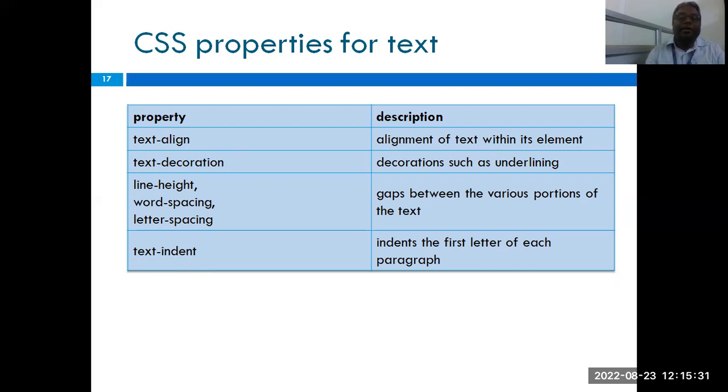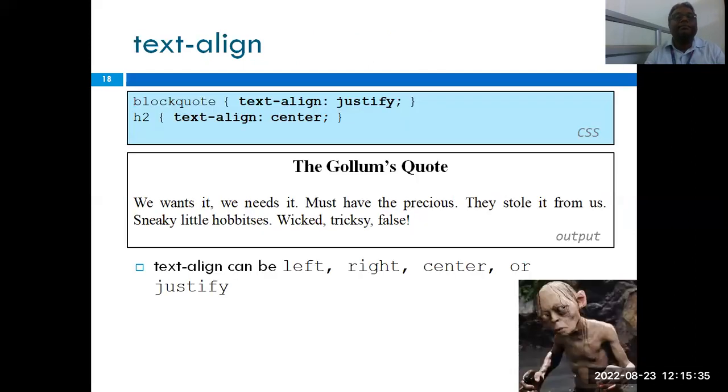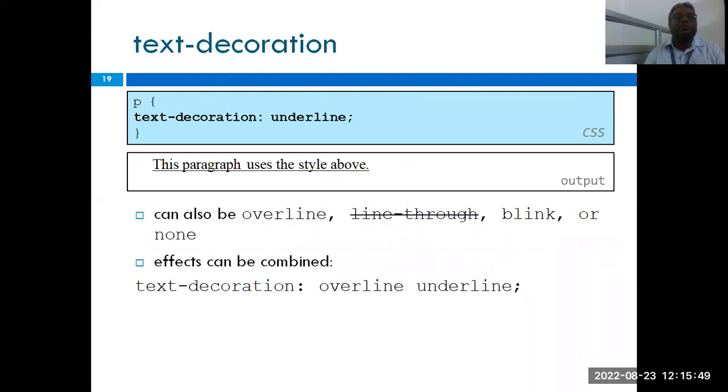Text indent indents the first line of the text. Text align can be left, right, center, or justify. Text decoration equals underline.